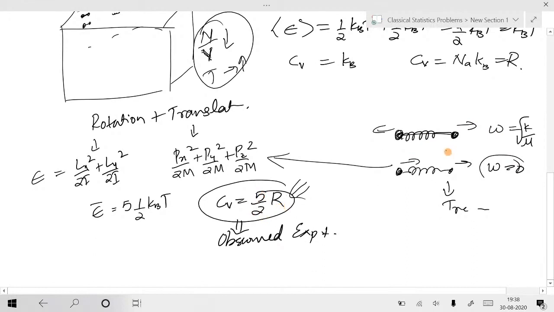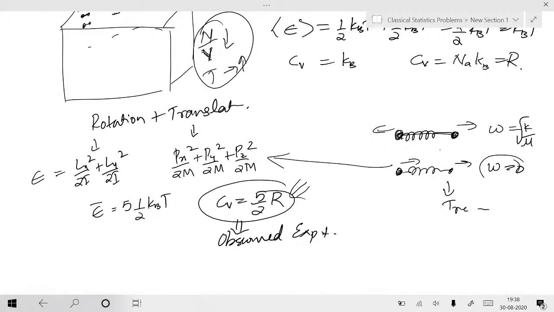If you take vibration into account, but usually 1 by 2 R. Yes, tell me. In the book it's given 7 by 2 R, not 6 by 2 R. Which book? In Reif itself, sir.